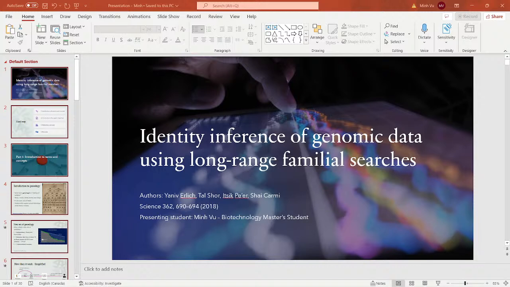And we are doing it by long-range familial search, which means that we're trying to locate their second, third, fourth cousins, and then from those cousins, we would chase back to the person. So we don't know the person, we just have their genomic data. We find their distant relatives, and then we find them back through the distant relatives.